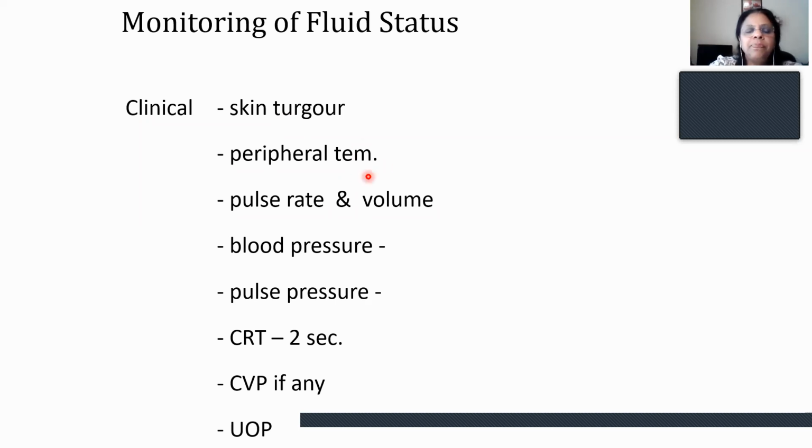So that's a good sign. Pulse rate and volume, we just learned yesterday. Pulse rate, volume, blood pressure, systole and diastole, and the pulse pressure. Yesterday, somebody was talking about the pulse pressure. And one of the other very important things is the capillary refill time. Let me ask you all, one of you can tell me, how do you check the capillary refill time?